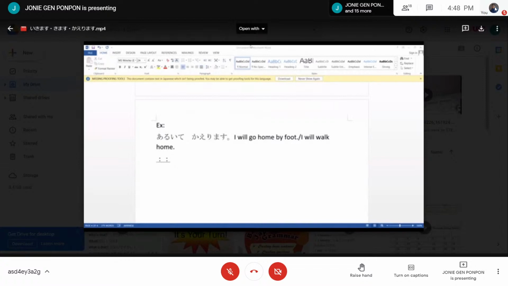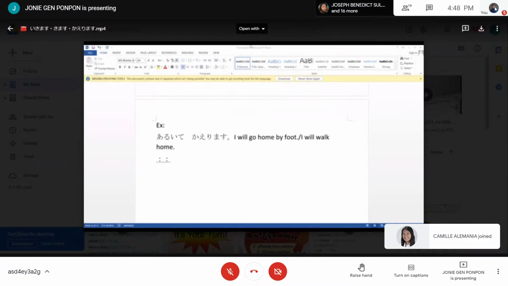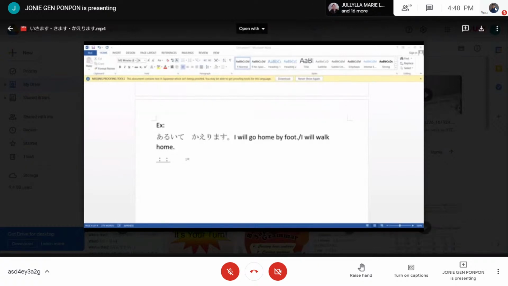So we're finished on the third sentence pattern. Let's go to the fourth sentence pattern. It means noun, to, noun, to, and then the verb.